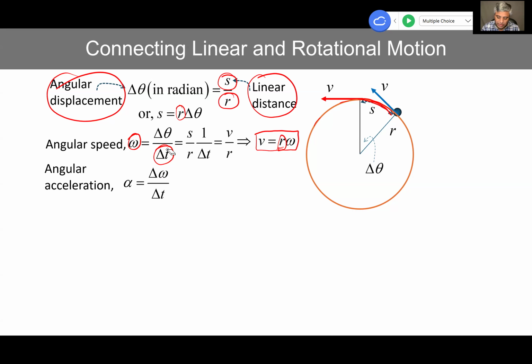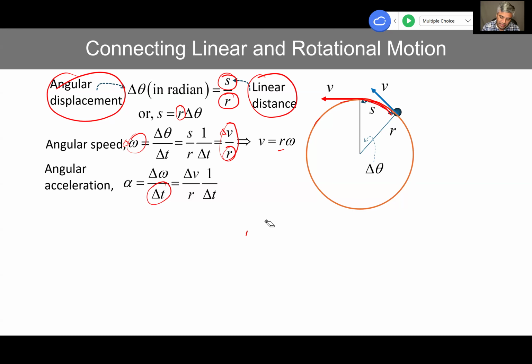Now what I can do is make use of this one here. Omega is V over R. So that means delta omega is going to be delta V over R. So that's what I'm using here, and copying this delta t.